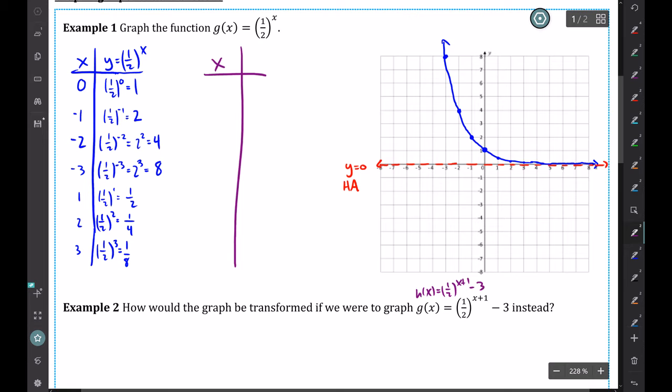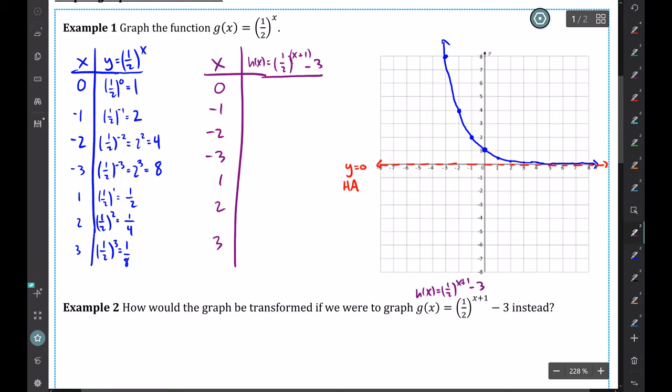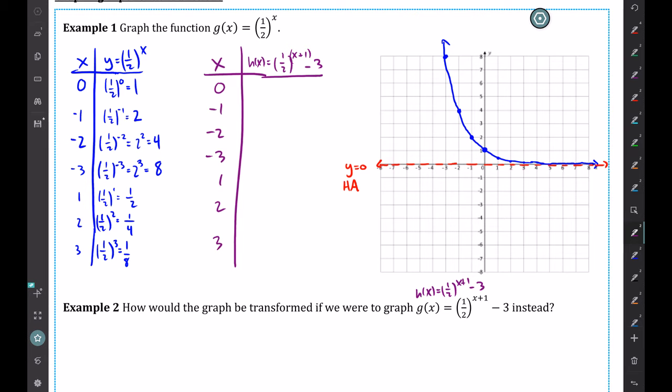So there's two different ways you can go about this. You can either just plug in some points, like we did before, or you can figure out what the necessary shifts are based on the exponent, which is x plus 1, and then the minus 3. And I'll walk you through both.